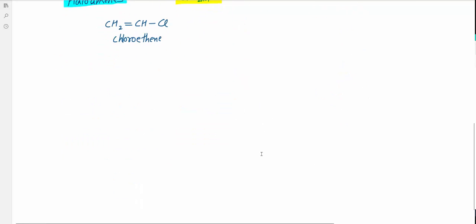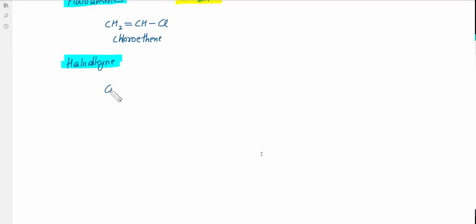And the next one is haloalkyne or haloalkynes or alkynyl halides. The haloalkyne will be again similar to this, that is, one chlorine atom will be replacing one hydrogen in an alkyne.